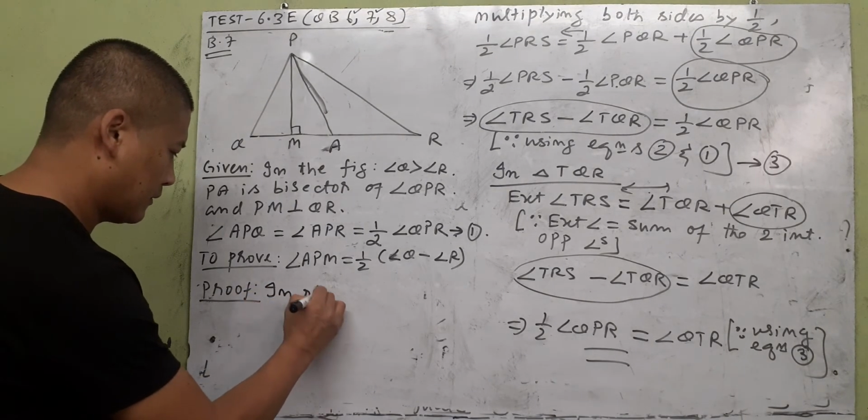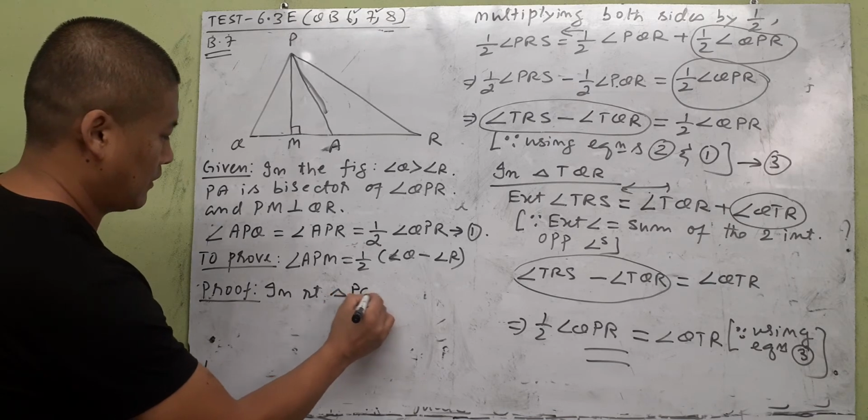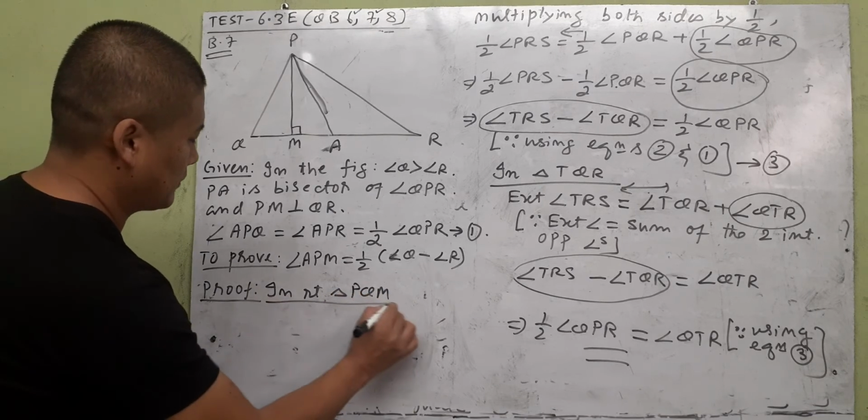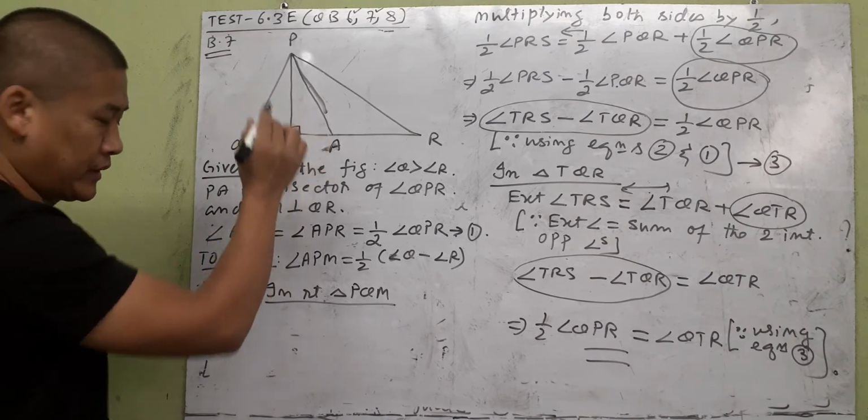Now let us take this triangle, right triangle PQM, because we know this is perpendicular PM. So one angle 90 degree means this triangle is a right triangle.